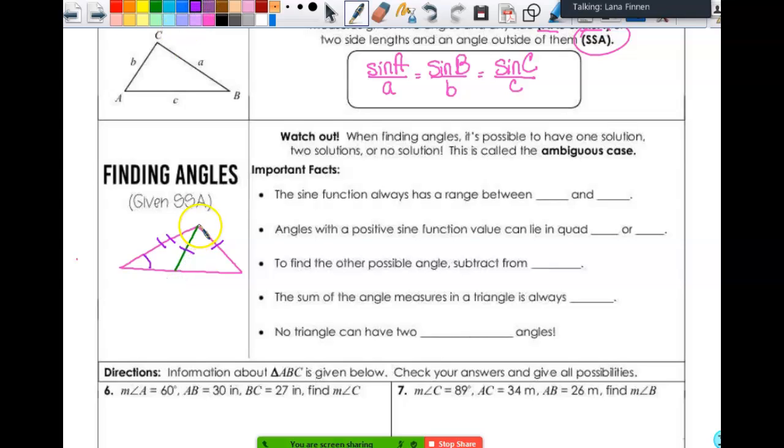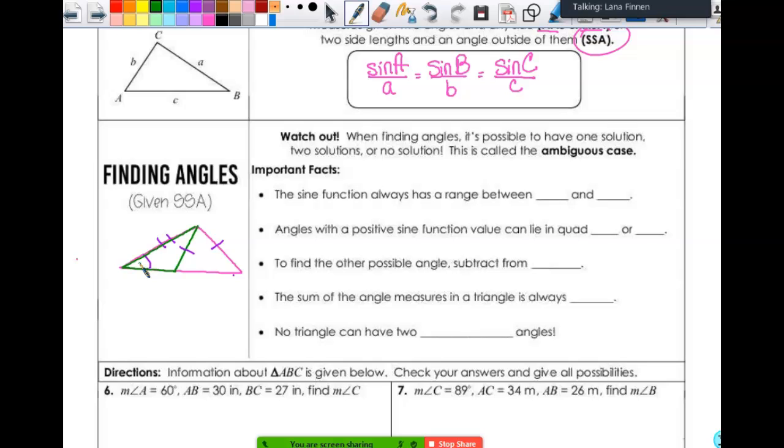And then I would have this big pink triangle, or this triangle right here, which would also have the same two sides and the angle. So you have two different things that you could build with those pieces. So either the big pink one or this green one, and they both have these two sides and this angle. Okay, so that's what makes it the ambiguous case.